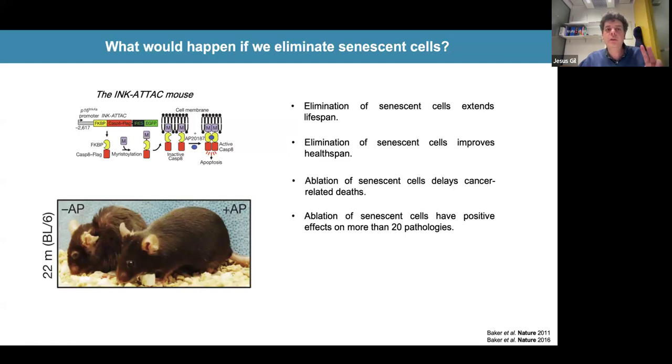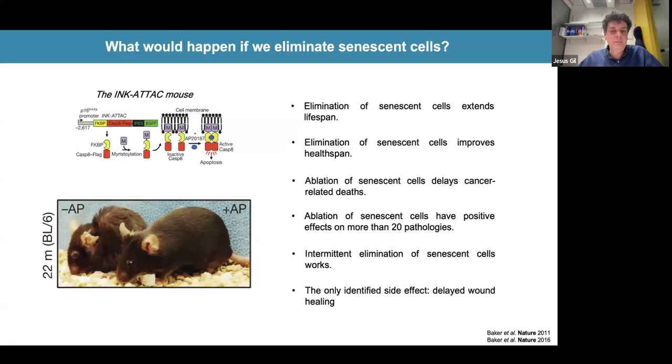And there were two more things that make these senolytic therapies exciting. One is that you don't need to be treating continuously to eliminate senescent cells. Intermittent elimination of senescent cells is sufficient to achieve benefits until senescent cells reappear. And the other thing is that the side effects associated with senolytic therapies, and this is something that we are still fully understanding, seem to be limited.